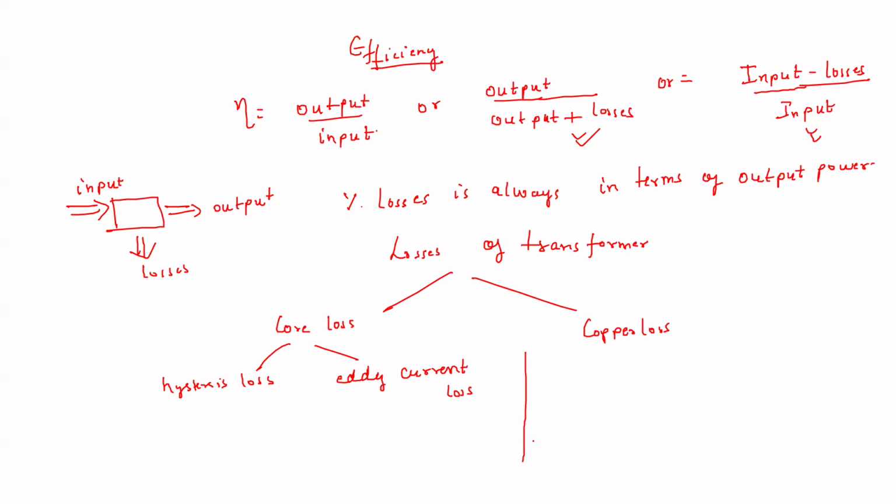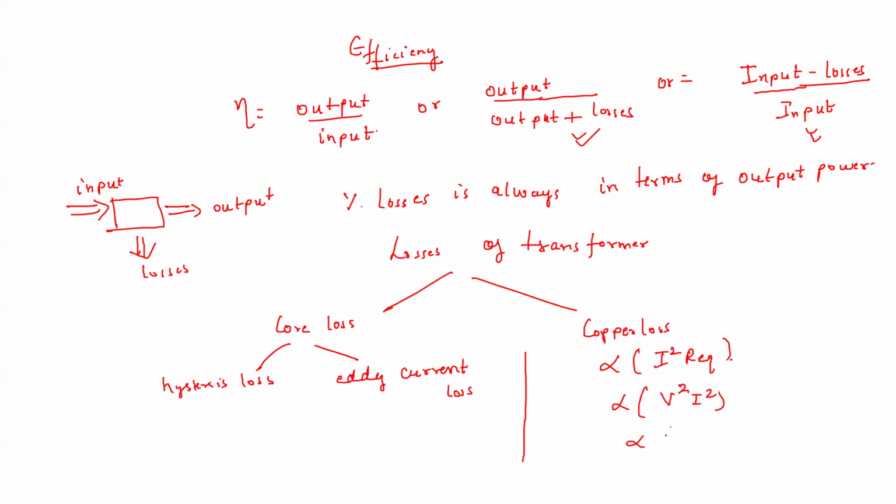Copper loss is proportional to I square R equivalent, so copper loss is basically I square R loss. We can also write it as V square by R, because I can be replaced by V by R, so it can be obtained like this also.